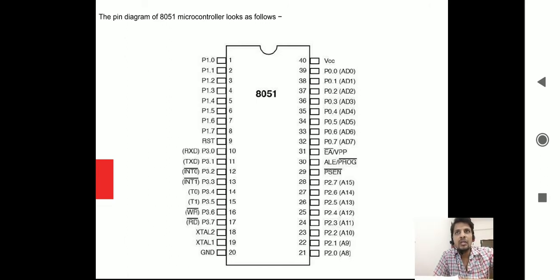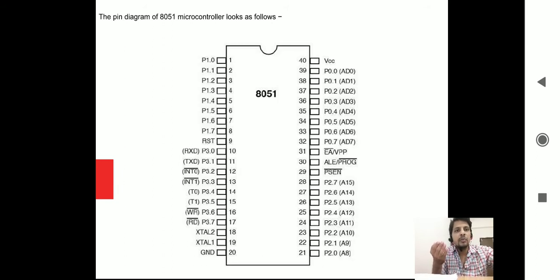Now when we talk about pins 10 to 17, these pins are also known as port 3. Particularly, these port 3 pins perform different functions. Pin number 10, that is P3.0 RXD, is used to receive the data.